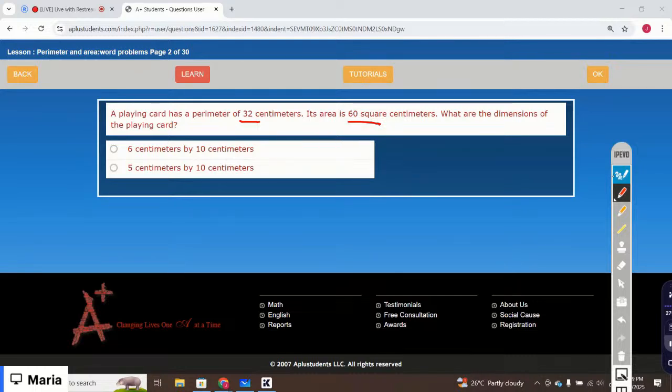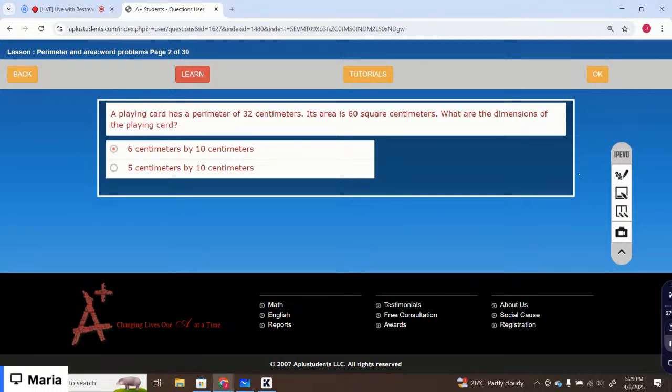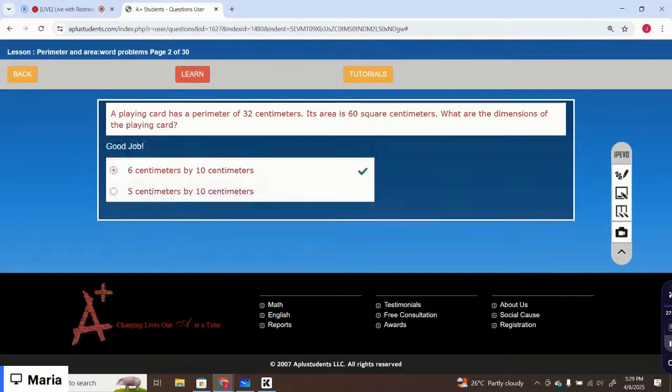Option number one is the correct option because 10 times 6 makes 60. And when you add, they make 32. So option number one is the correct option.